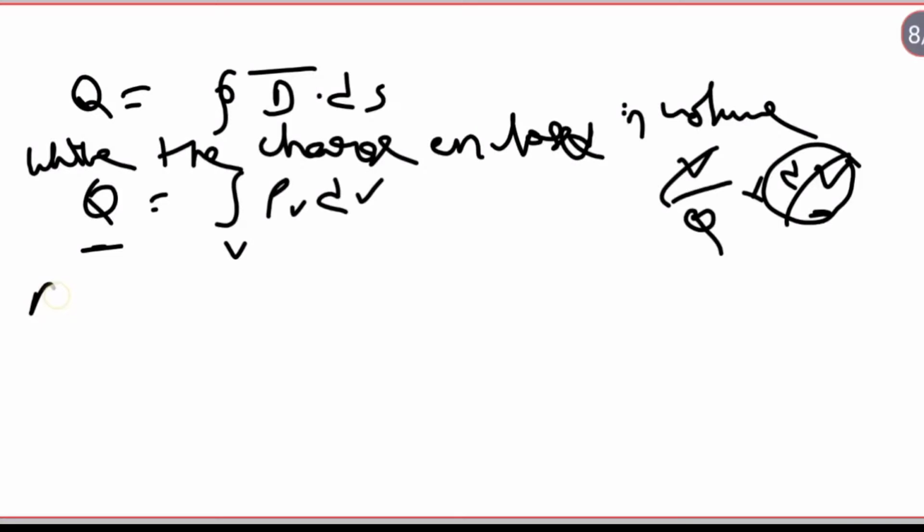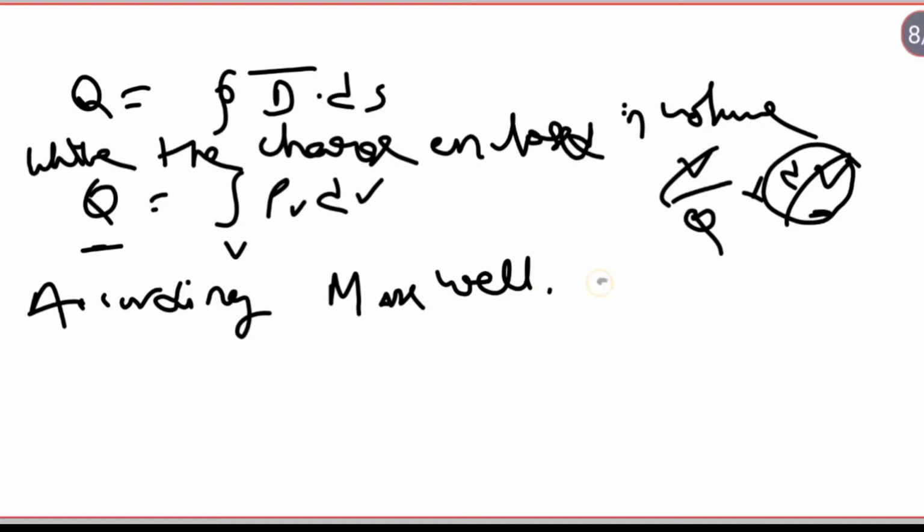But what is Gauss law in point form, that is Maxwell's first law, or Gauss law in differential form?